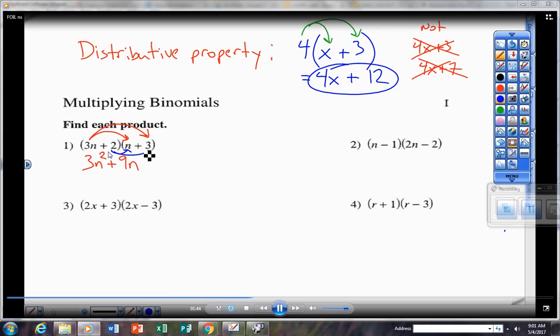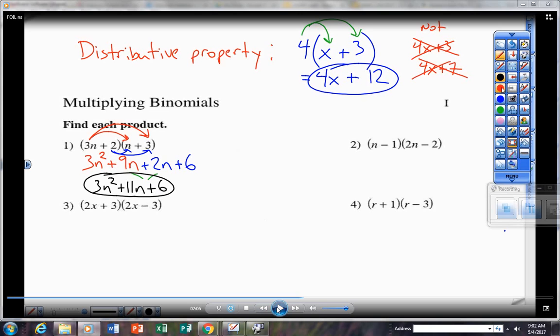This inside, 2 times n gives me positive 2n. 2 times 3 gives me positive 6. Now I need to combine these two middle terms together. 9n plus 2 more n gives me 11n. I bring down the 3n squared and the 6 because I'm not combining those terms with anything. So my final answer, multiplying these two binomials, 2 parts by 2, I get a trinomial.